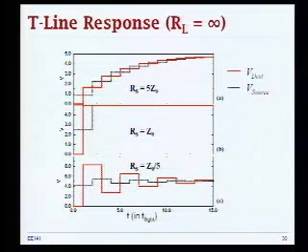Okay, so let's go back to the slides to see what happened in these 3 cases. This is all assuming that the load resistance is infinite, so that's basically an open-ended termination. Here we plot 3 different cases of source resistance: a source resistance much larger than the line impedance, then the matched case, and then a very small source resistance.